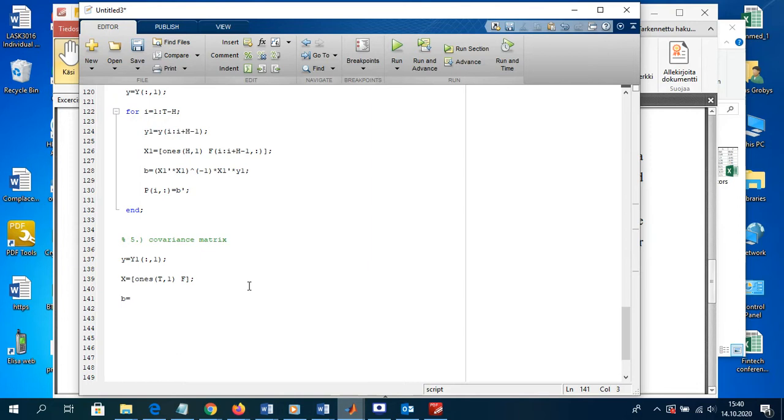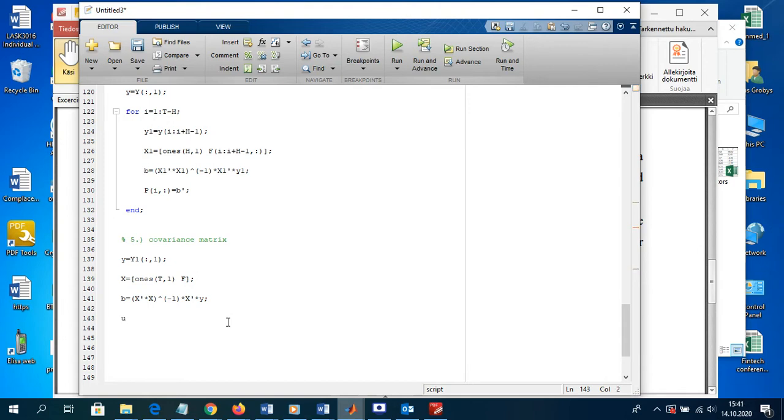Next, our well-known OLS formula: beta, which is now our point estimator beta hat, is given by X transposed times X to the power of minus 1, which means we take the inverse, times the regressor matrix X transposed times Y, which denotes the excess returns of the first asset in our data set.